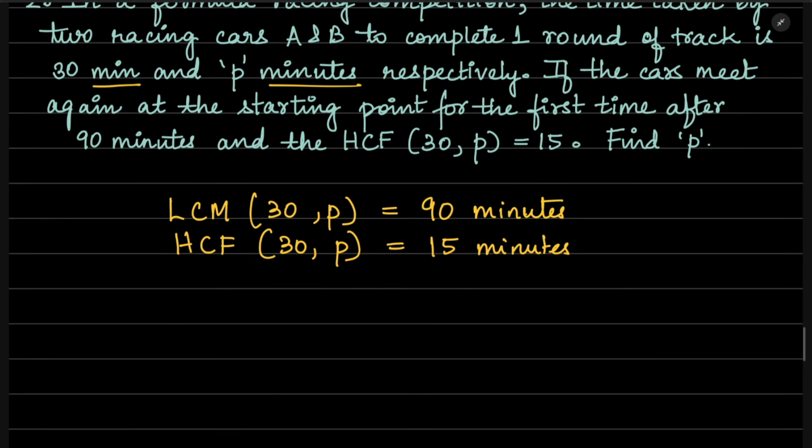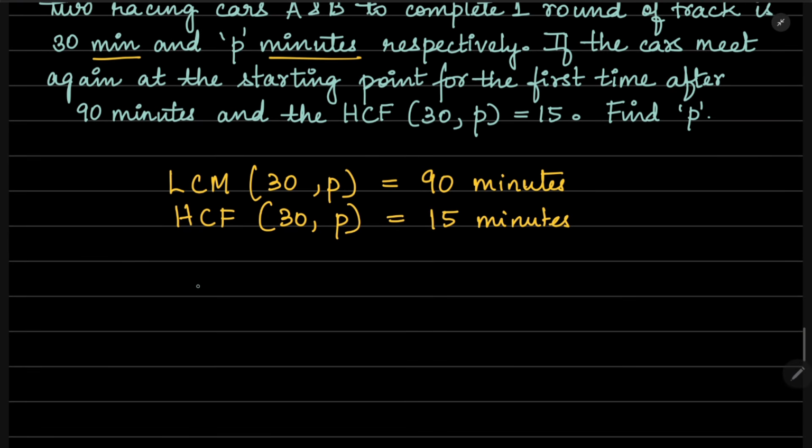Now we know the relationship between LCM, HCF and two numbers. The product of LCM and HCF is equal to the product of the two numbers. So let's plug into the formula.